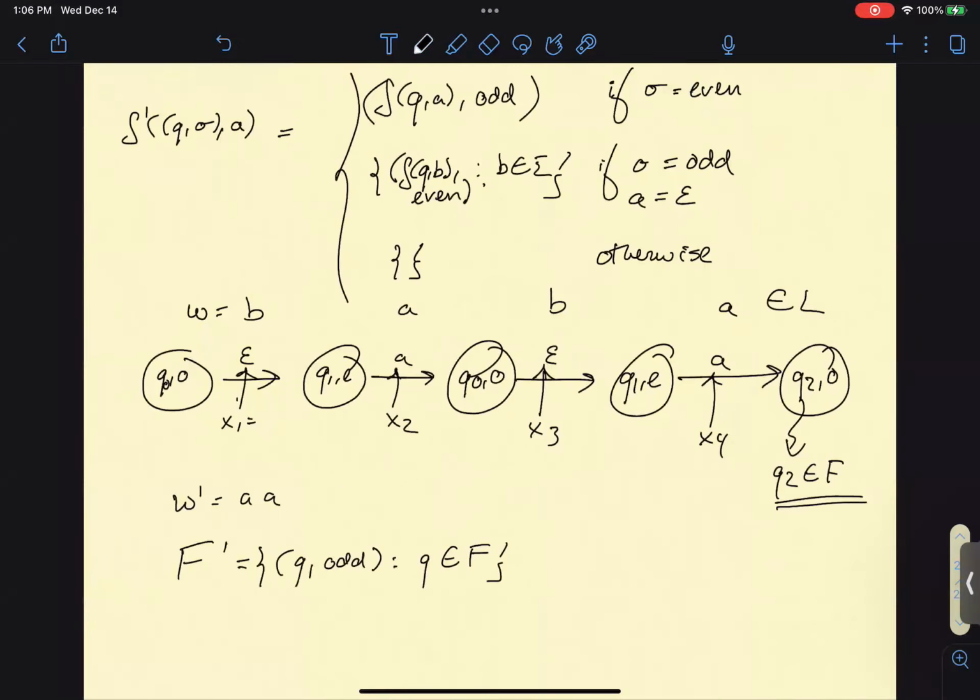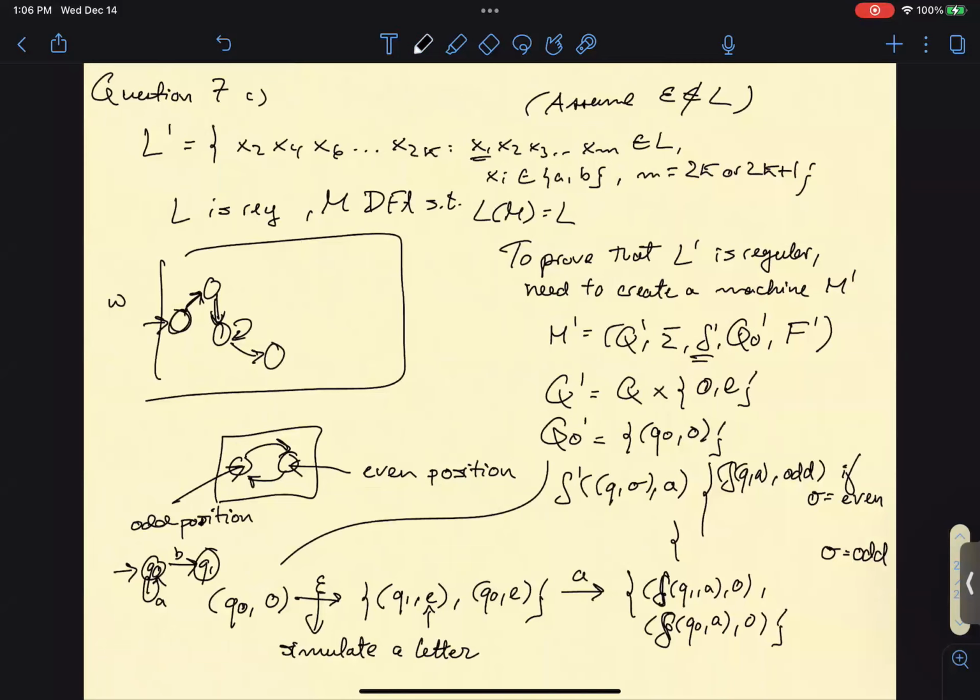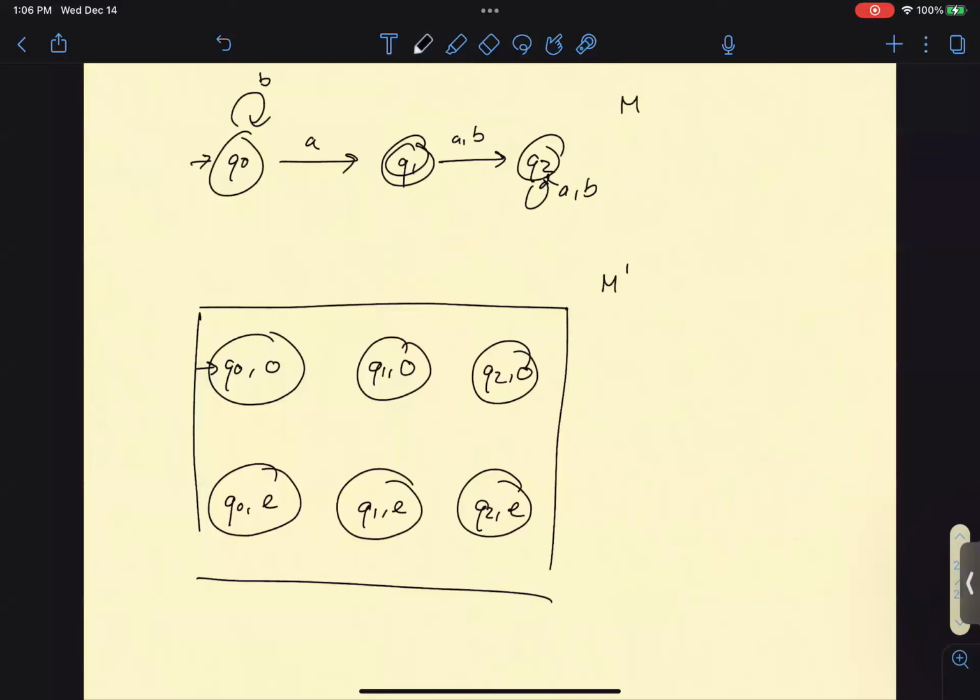The initial state is odd, so I'm going to start here.